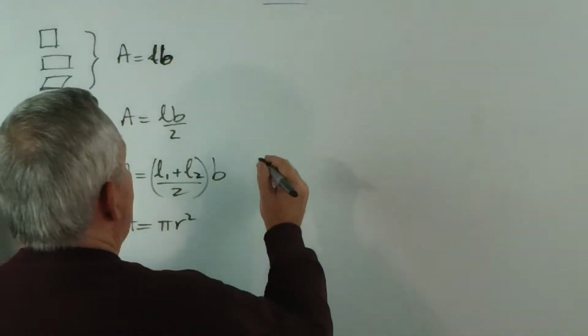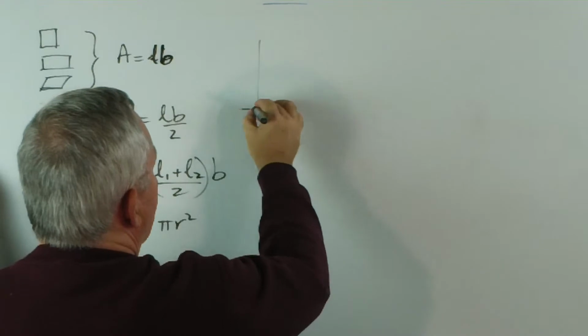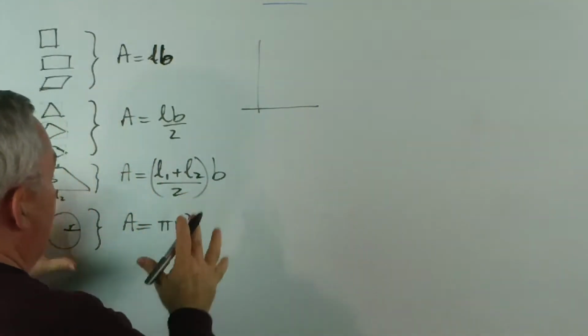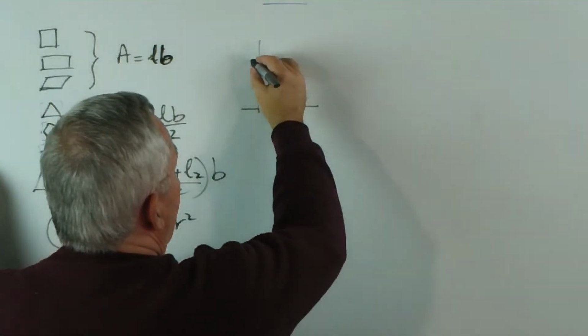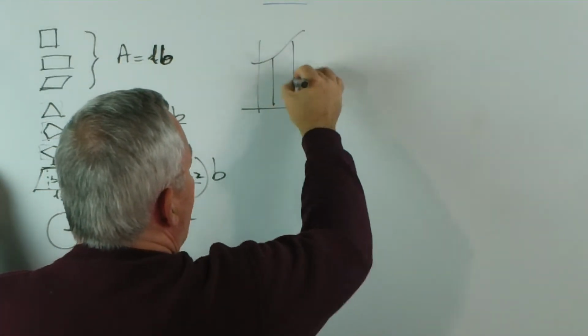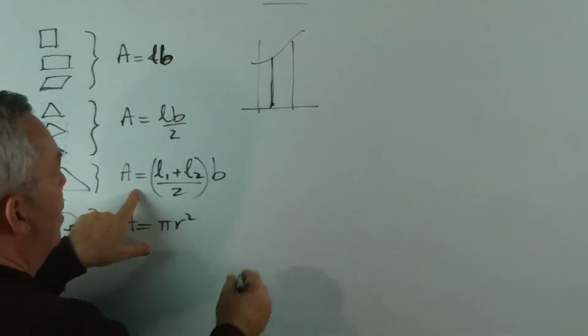We then looked at the trapezoidal rule, the areas underneath curves. We looked at composite areas, which really is not relevant here. For areas underneath curves where we had a trapezium, we're using this formula.